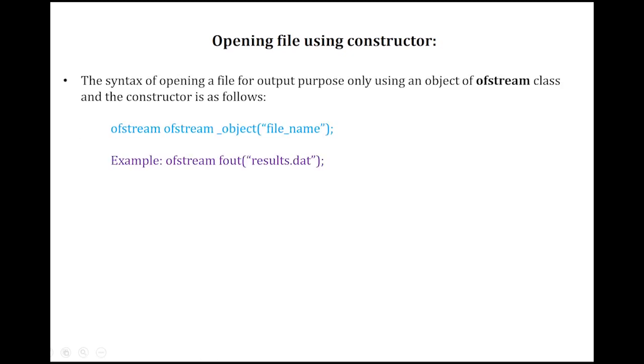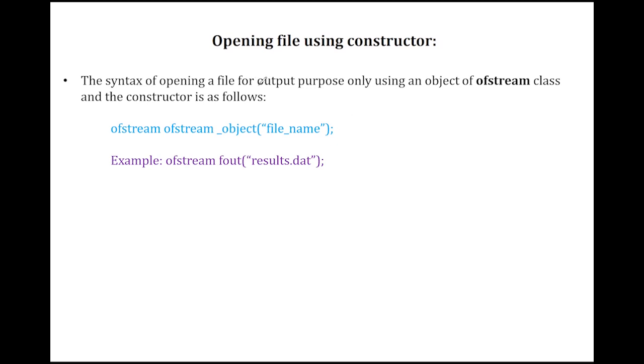So first let us see how do we open a file using a constructor in order to process the data, file handling. So the syntax of opening a file for output purpose only, remember. There are various purposes for which I might want to open a file. It can be for output purpose or for input purpose.